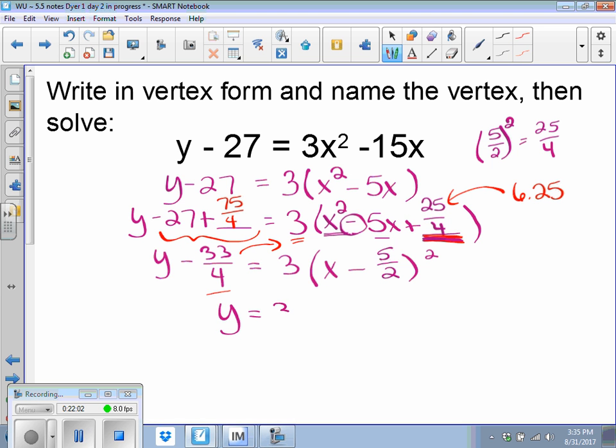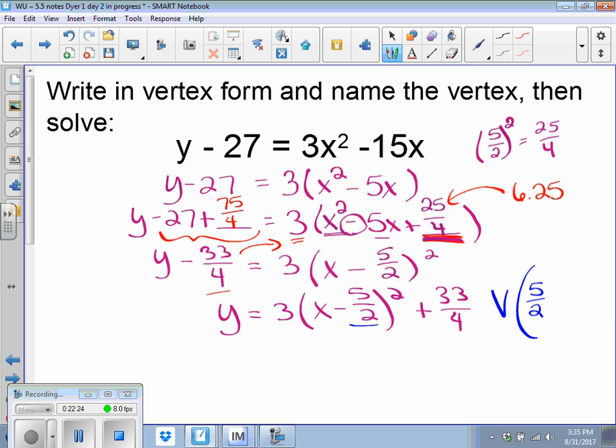So I have y equals 3 times x minus 5 halves squared. Now it's minus 33 over 4 on the left, so it's plus 33 over 4 on the right. Now I can easily tell what my vertex is. My vertex is positive 5 halves is my x coordinate, and 33 over 4 is my y coordinate. If you put those as decimals, it would be 2.5 and 8.25.